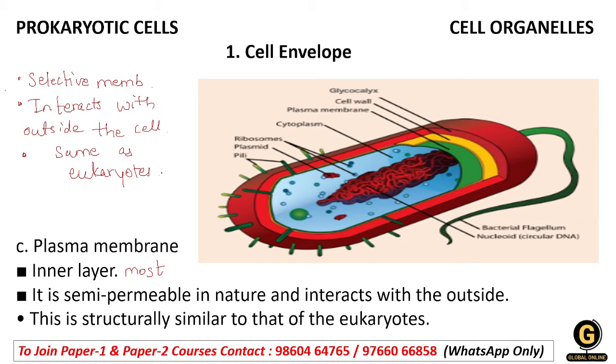Clear? What is the plasma membrane? It is the innermost layer of the cell. It is a selectively permeable or semi-permeable membrane because it allows specific substances to let in. It interacts with the outside of the cell, and it is similar in structure to the eukaryotes.